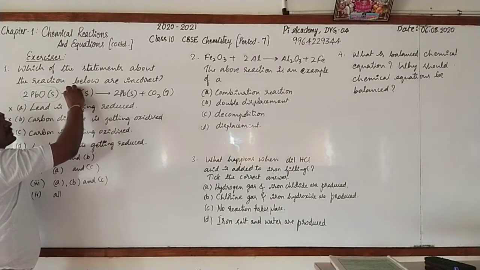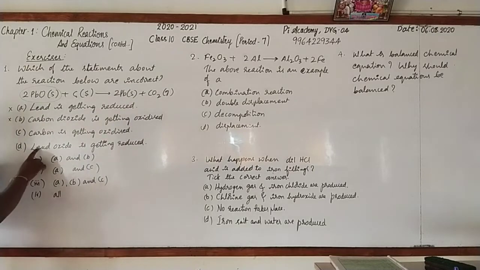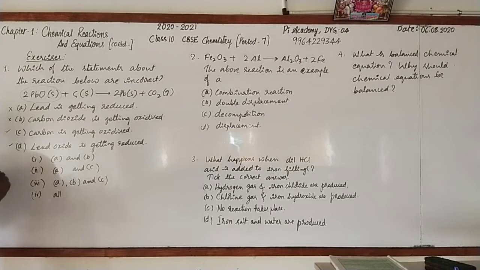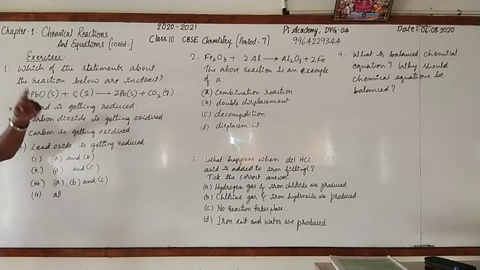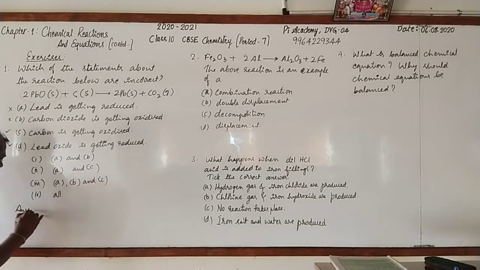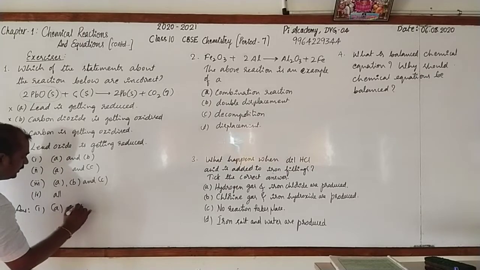Carbon will take oxygen and becomes carbon dioxide. Then lead oxide is getting reduced. Certainly. These two are right. But what has been asked? Which of the following statements about the reaction below are incorrect? Which are incorrect? A and B. Hence, our answer should be the first one, that is A and B.